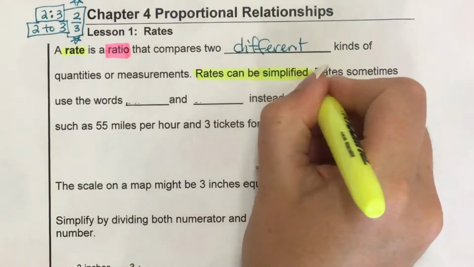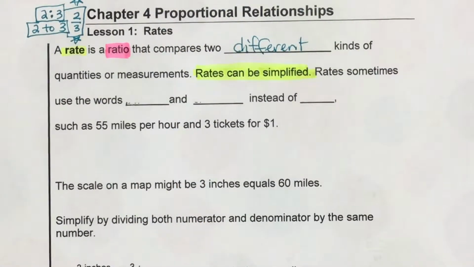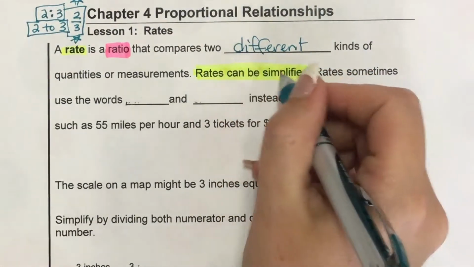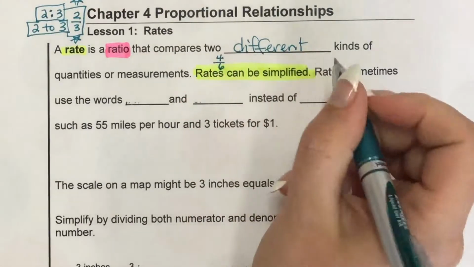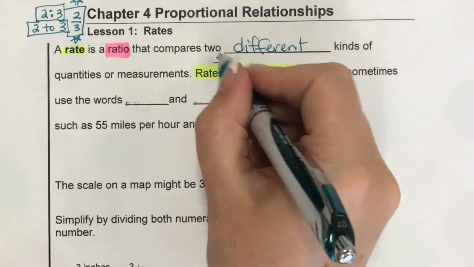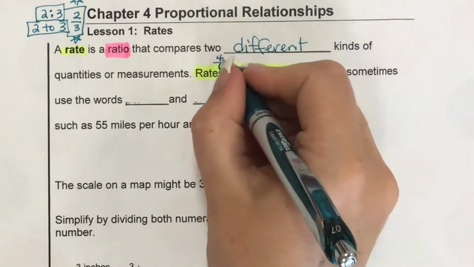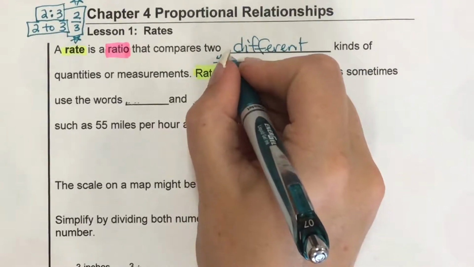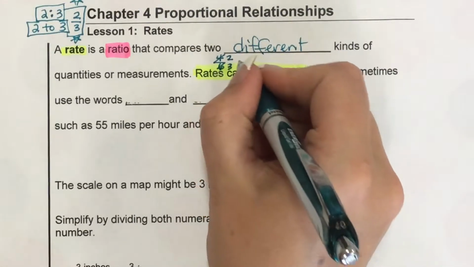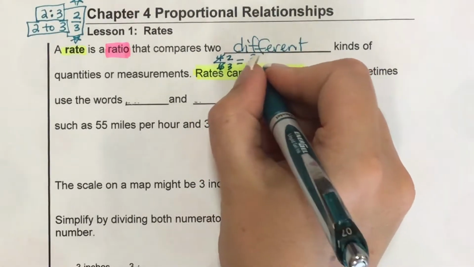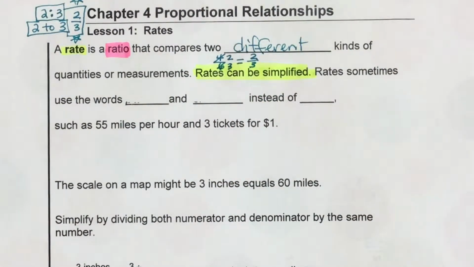If we think about rates being a ratio, and we're going to be looking at ratios that can be fractions, if we have something like 4 over 6, we can simplify that if this is a rate, and we can put it into the lowest terms or simplified form. 2 goes into both of those. 2 goes into 4 2 times, and 2 goes into 6 3 times. So that can be simplified to 2/3. Now that's going to be something that we're going to be doing today.